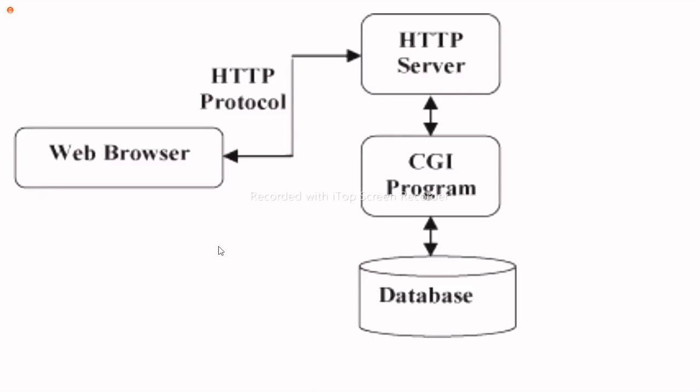All these servers exist. After that, we write some common gateway interface. What is the CGI? Common gateway interface, which goes to all the resources. After that, we go to the database. At the database level, we are storing huge data.